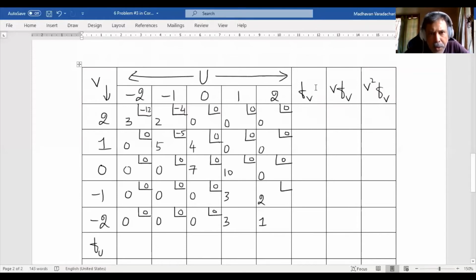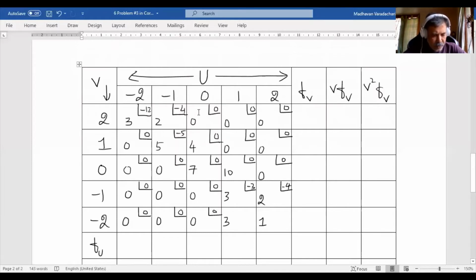Here it will be u into v, 2 into -1, -2. -2 into 2 is -4. Here 1 into -1, it is -1. -1 into 3 is -3. So I think we filled in all the boxes.